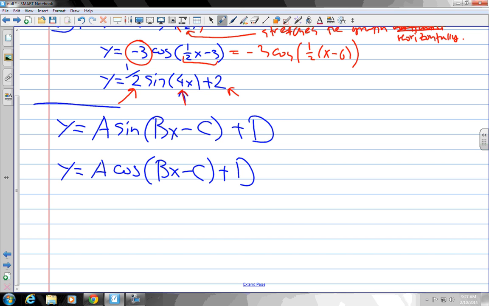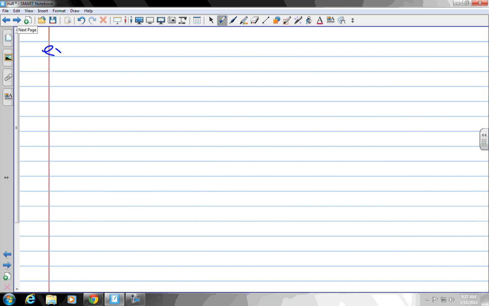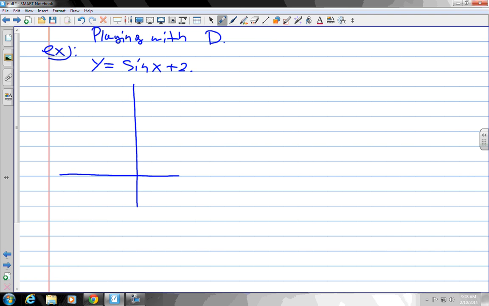So I'm going to start with an example. So just playing with d. For example, if I want to sketch y equals sine x plus 2. So it's 2 added to the whole function. So every y value gets 2 added to it. So think about this.